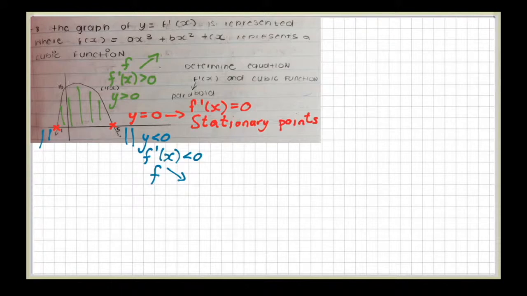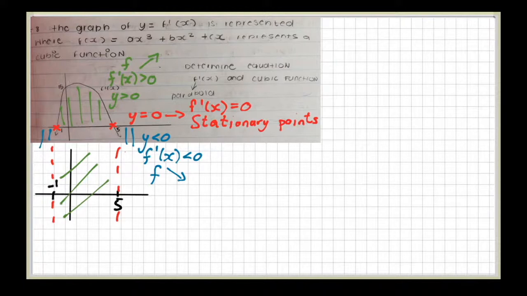I'm going to try and do it on approximately the same scale as there. So there's -1, there's 5. So I know that at -1, my graph turns or is stationary. At 5 as well, my graph is stationary. Between -1 and 5, my graph is increasing.